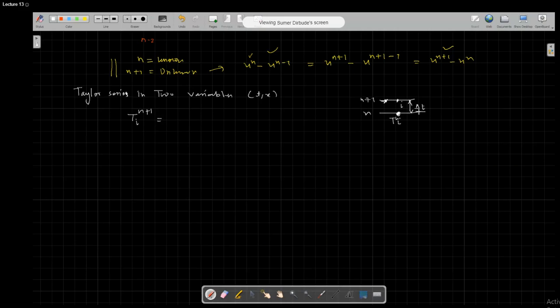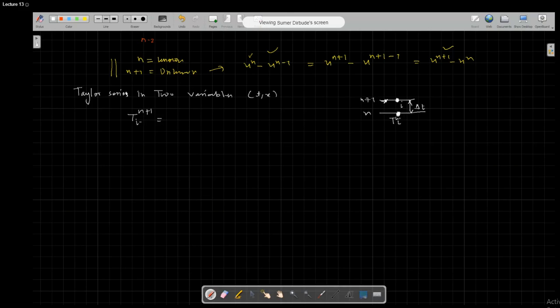Now, this will become a two variable problem when I want to find out the value of T_i nearby, as well as around this T_i^n, not only the n+1 value, but also some nearby i plus value.